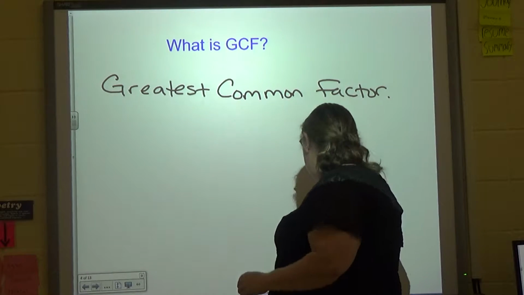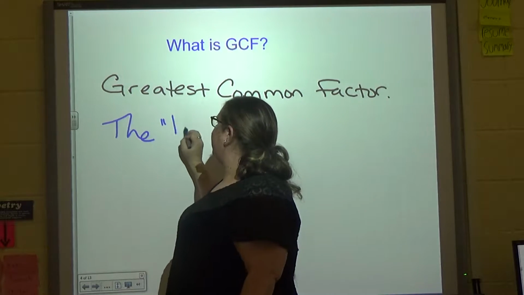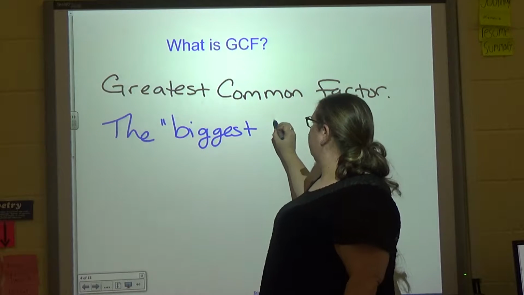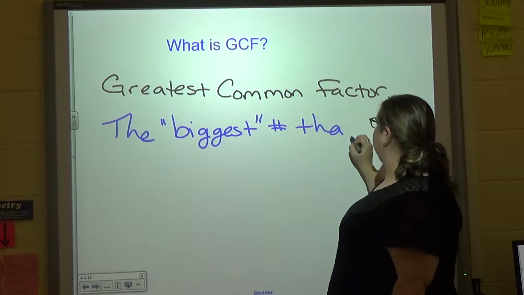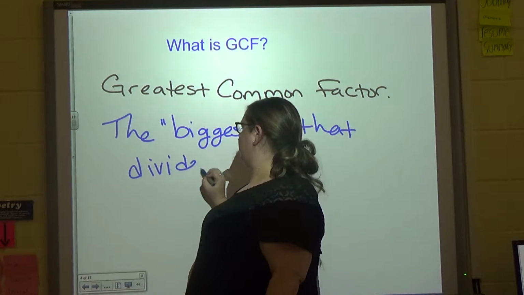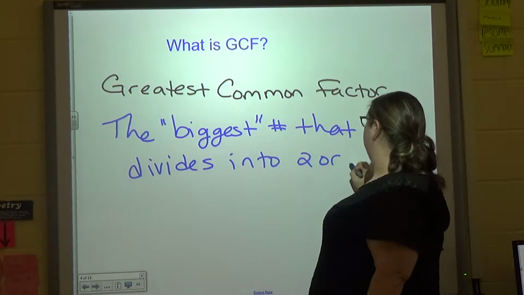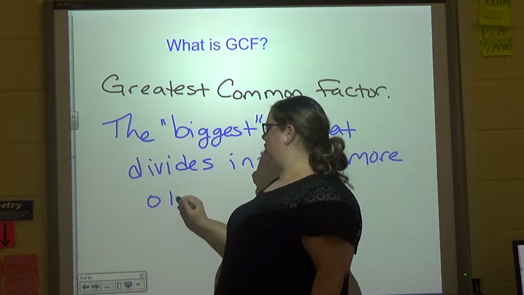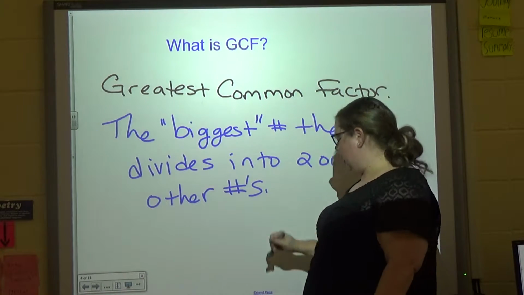So let's say the biggest number, we're going to put this in parentheses, that divides into 2 or more other numbers. And again, I put numbers, but it's also terms.